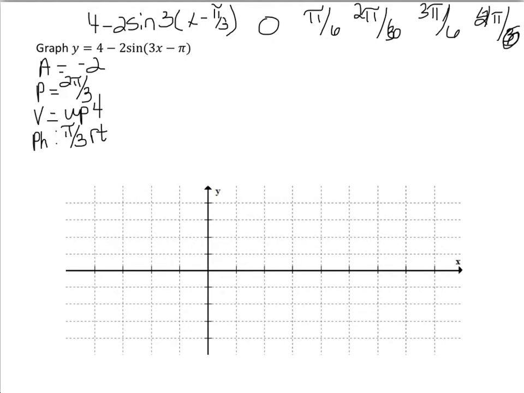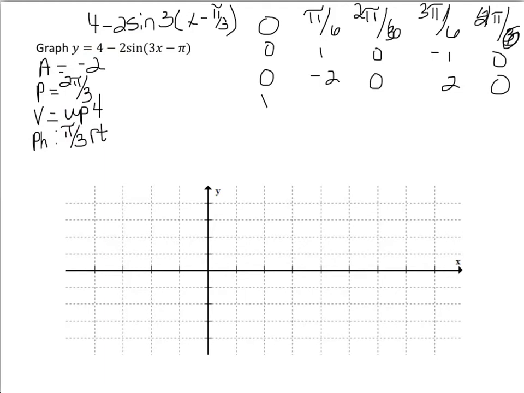The next thing we'll do is we will apply the pattern that occurs with sine functions. So sine starts at 0. Then I will multiply my amplitude by each one of these values. And then I will add my vertical shift.